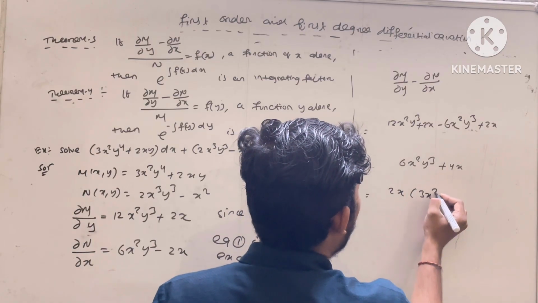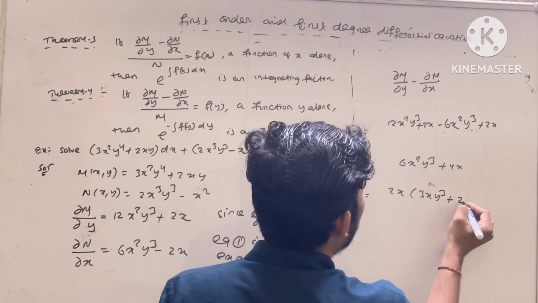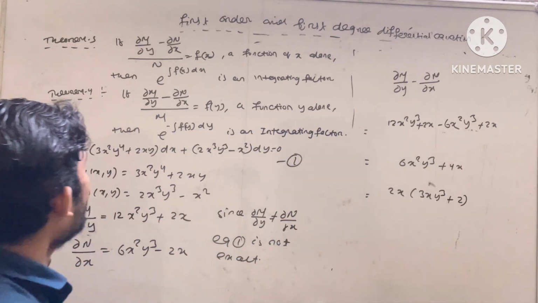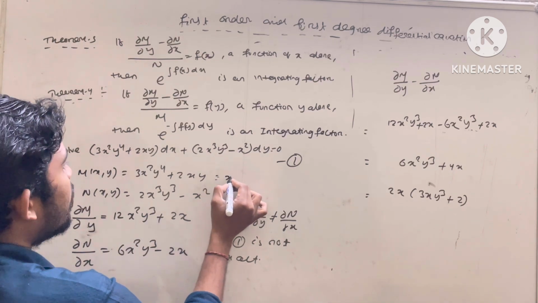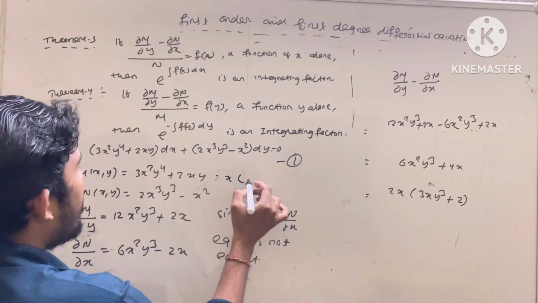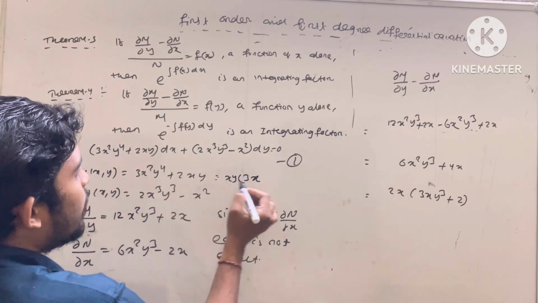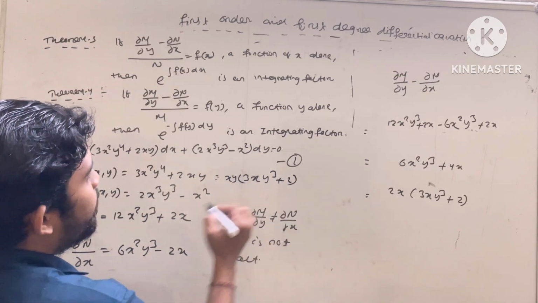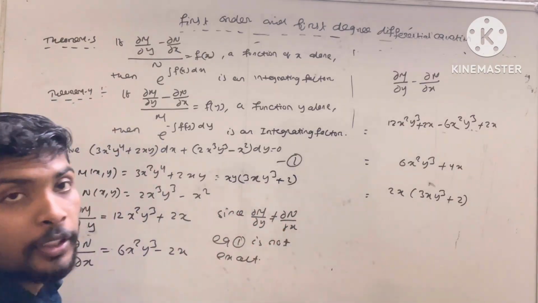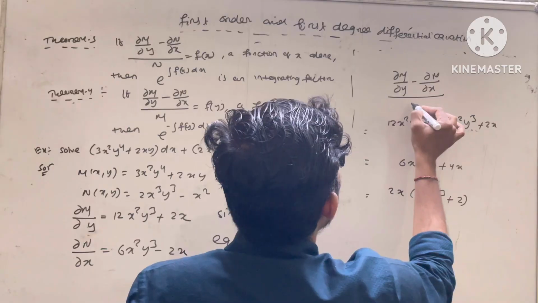So this is 2x times 3xy cube plus 2. If you take common xy, it becomes xy times 3x y cube plus 2. Look at it. So we have to just divide by M, right? We have to just divide by M.